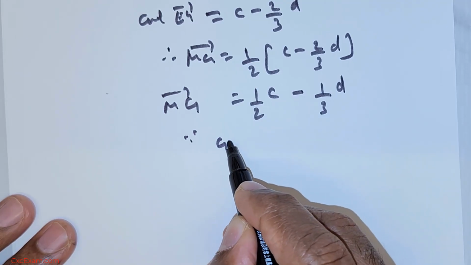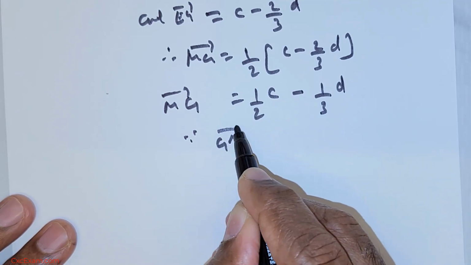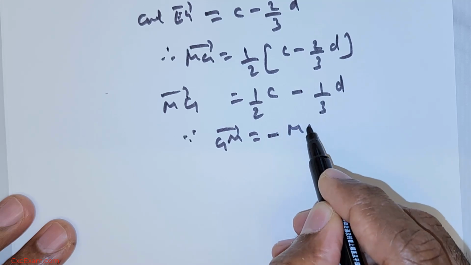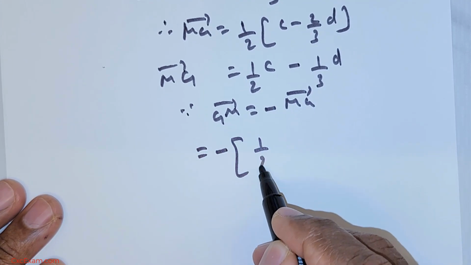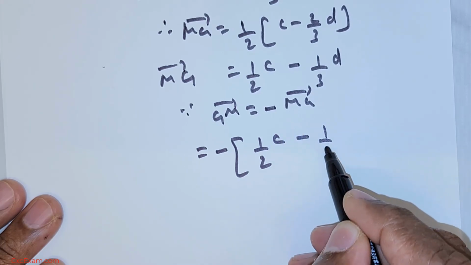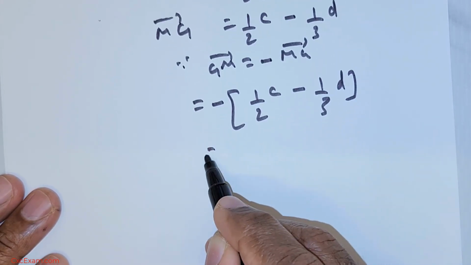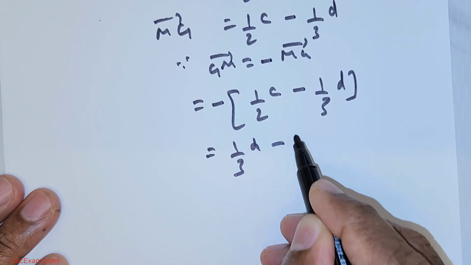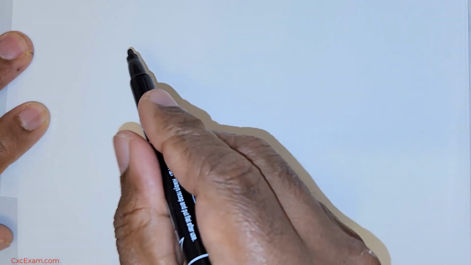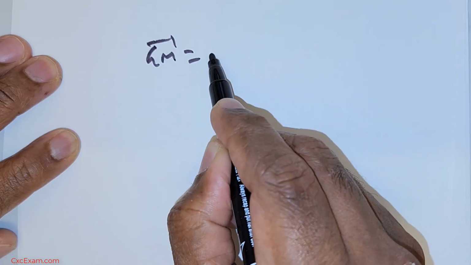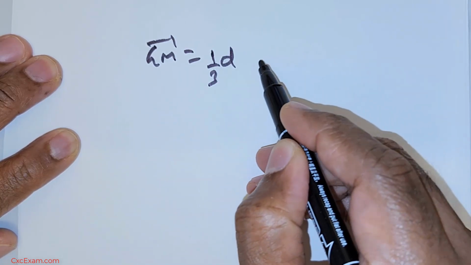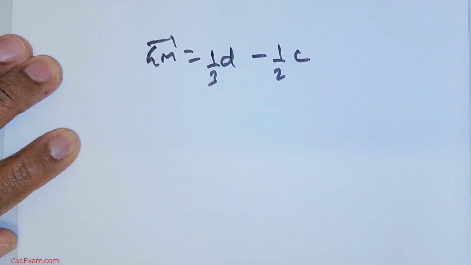But GM is nothing but negative of MG. So this is equal to negative of 1 over 2 times C negative 1 over 3 times D, which is 1 over 3 times D negative 1 over 2 times C. So we have GM to be equal to 1 over 3 times D negative 1 over 2 times C.